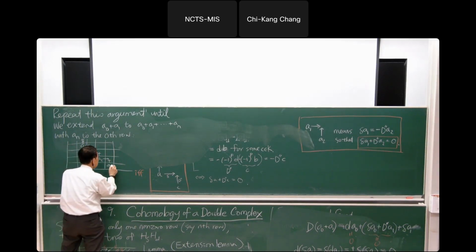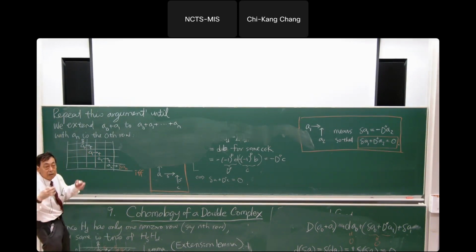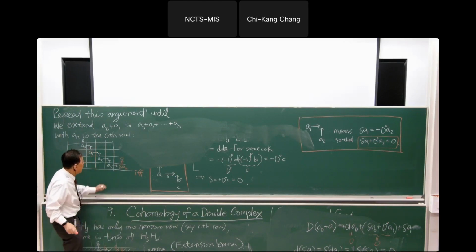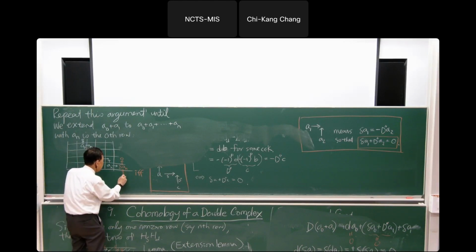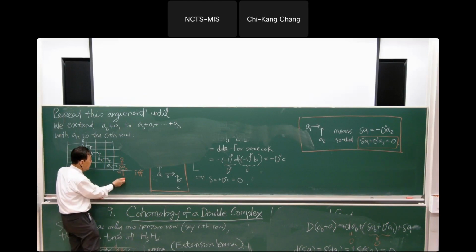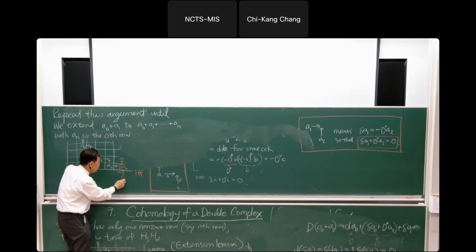Now delta AN is in this box, and by the same argument, it's going to go up to 0, and there's no cohomology here, so it's going to come from D of something down here. But there's nothing here because we're assuming that it's a first and second quadrant double complex. So everything below the horizontal axis is 0.